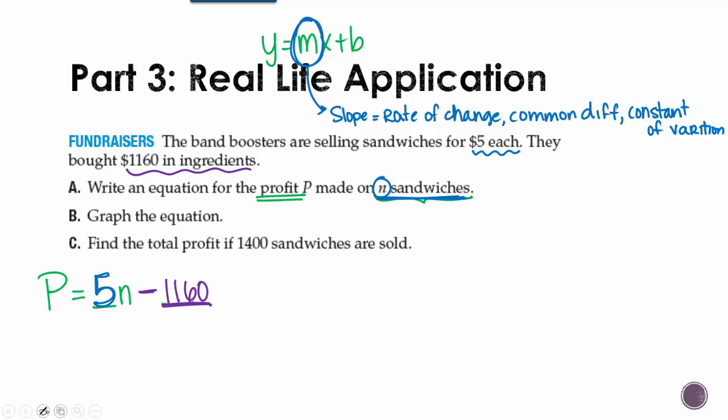So once we have an equation, we can graph it. That's the next part. We can make a really rough sketch of this. We're going to start down here at 1160. And with a slope like 5, up 5, over, we know that we're going to end up with a huge number over here.